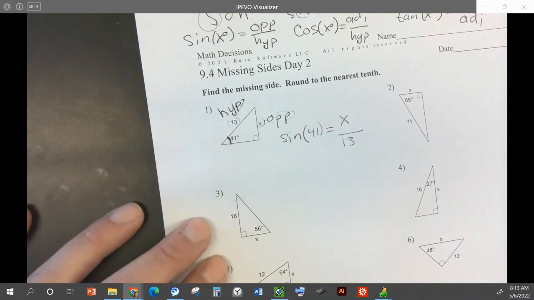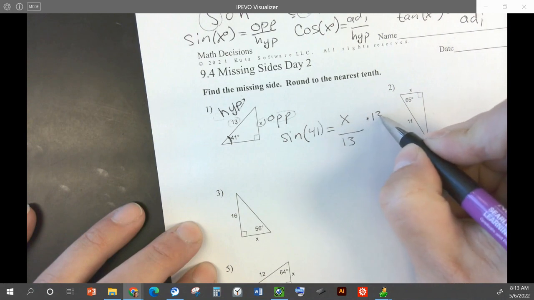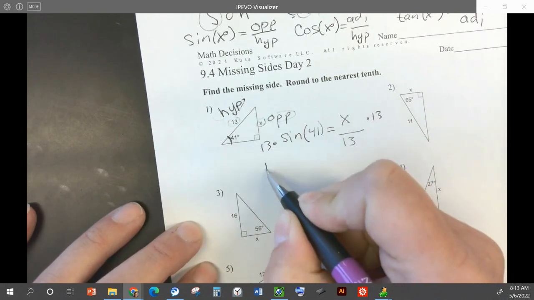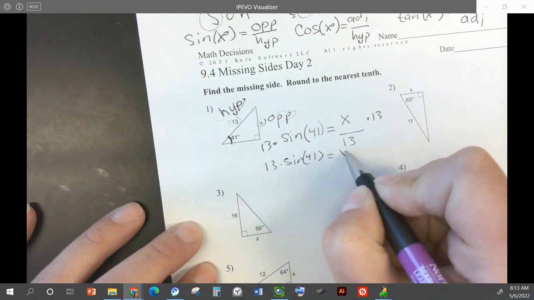What's next? Good. Multiply by 13 on both sides. So 13 times sine of 41 gives us x.